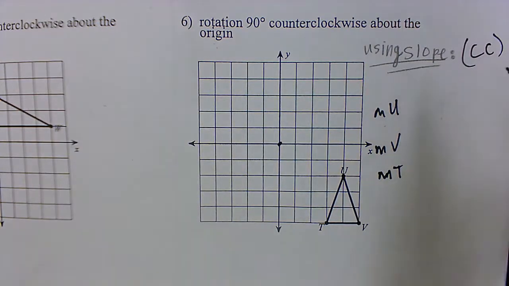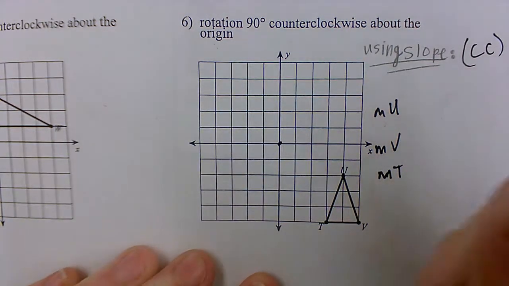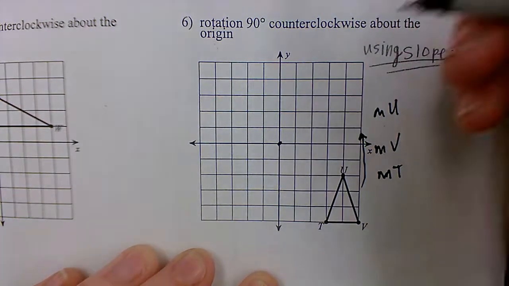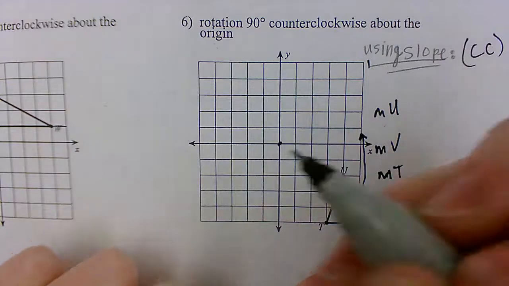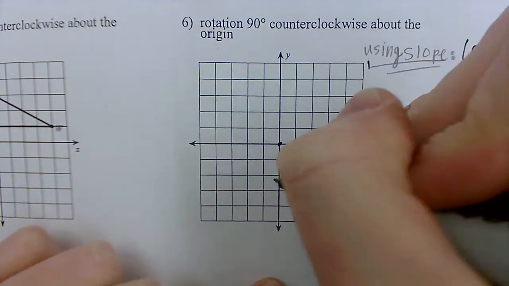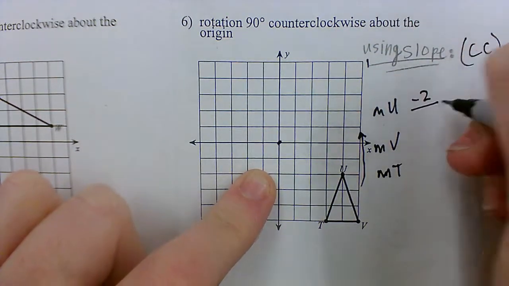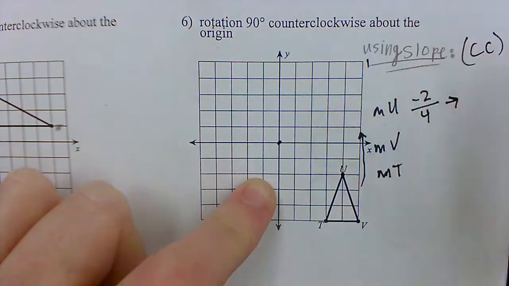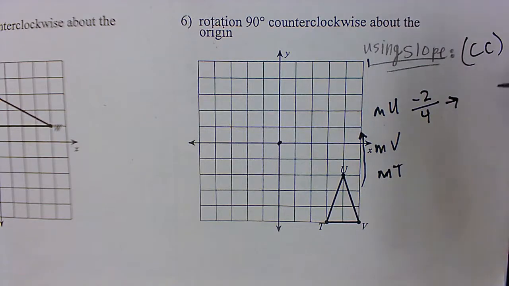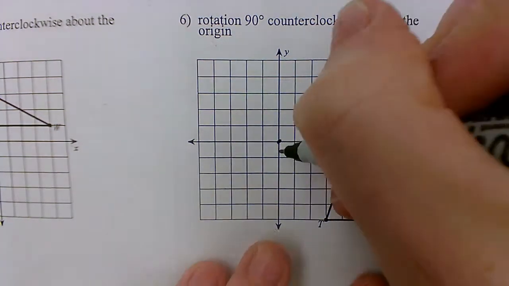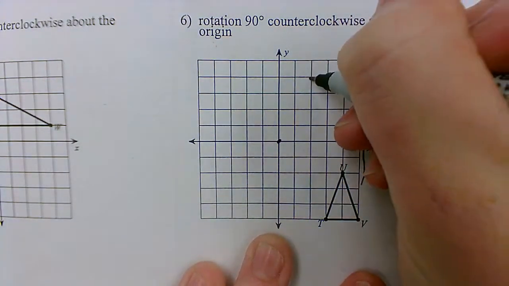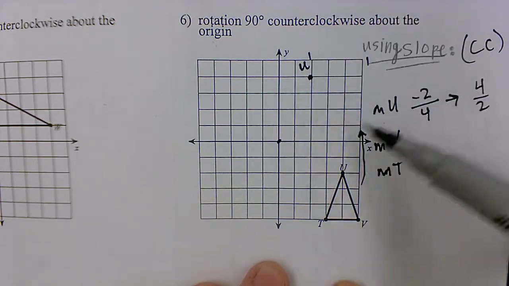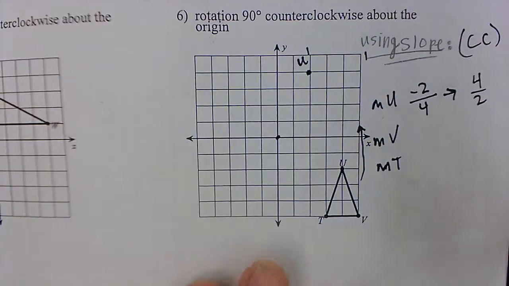So rotation 90 degrees counterclockwise would go back up to quadrant 1. So the slope of u is negative 2 over positive 1, 2, 3, 4. The negative reciprocal of that is 4 over 2. 1, 2, 3, 4, 1, 2, and that's u prime. Okay, positive, positive I know is over here, so we're good to go with that.